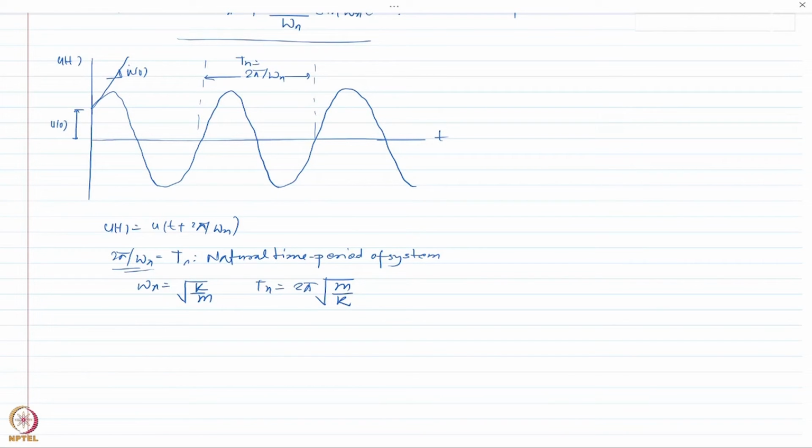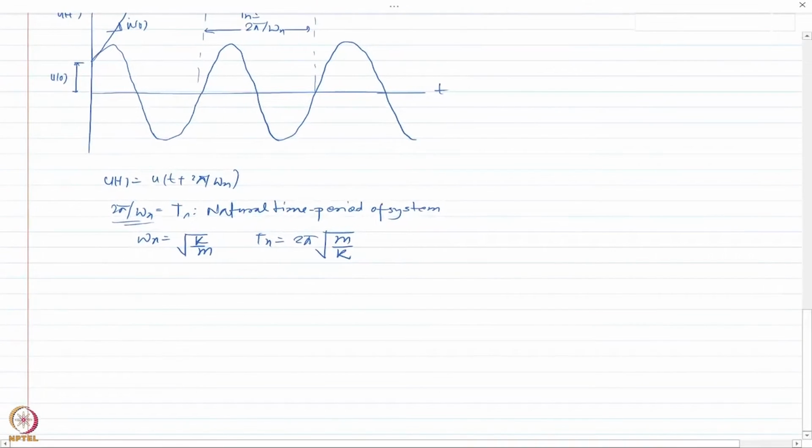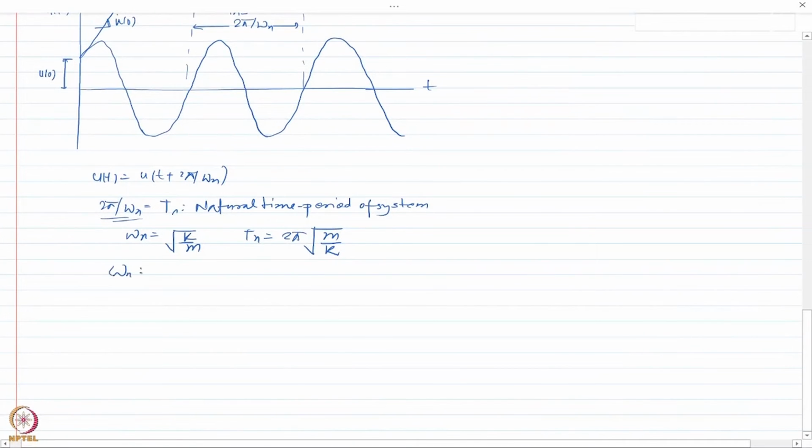And omega n is called the natural circular frequency of vibration.